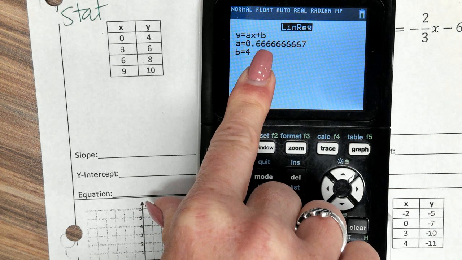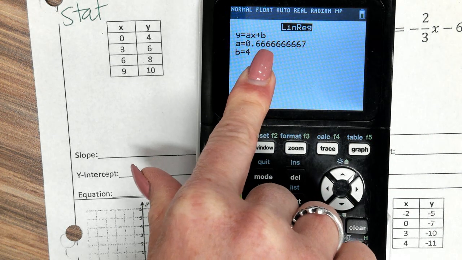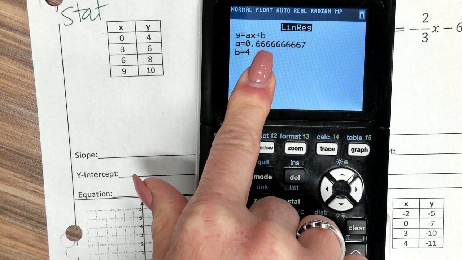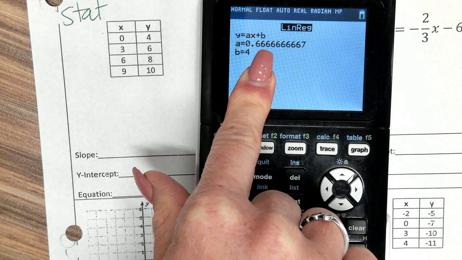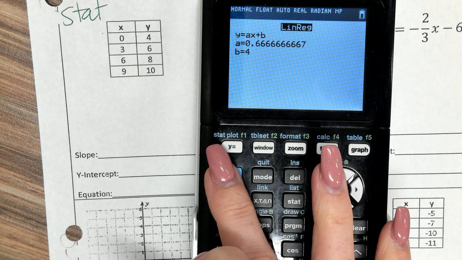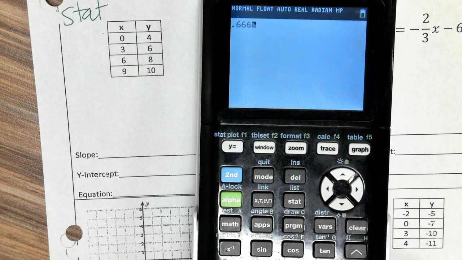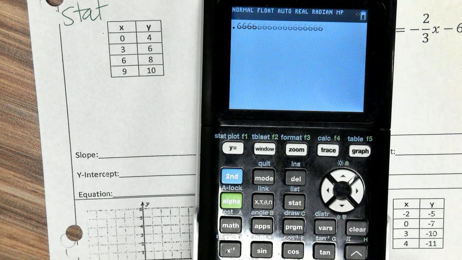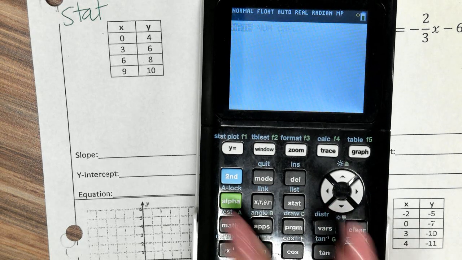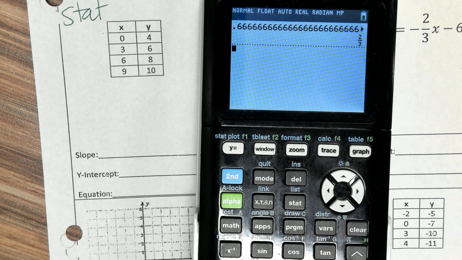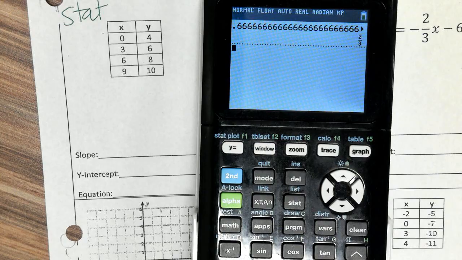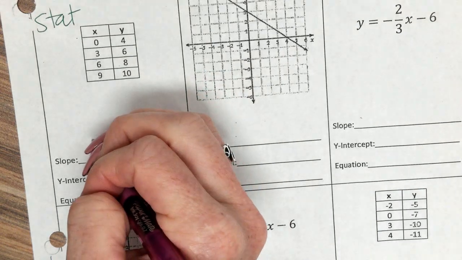Now, what is 0.66666 repeating? Does anybody know it as a fraction? 2/3. If you don't know that, I think it'll do it for you if you just type it in like this, hit math, fraction, enter, and it shows you it is 2/3. So the slope is 2/3.